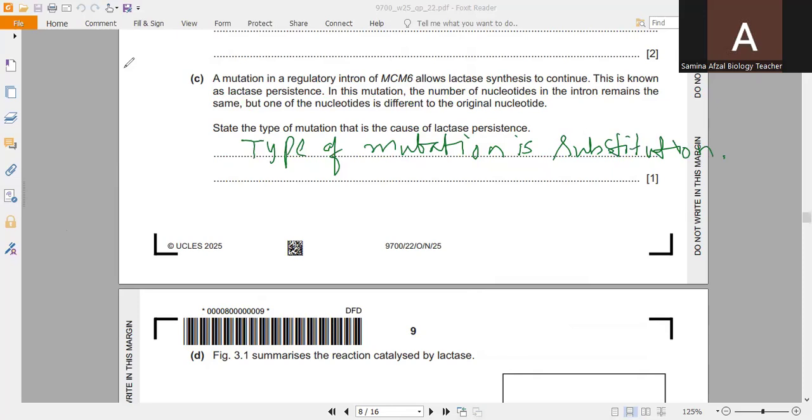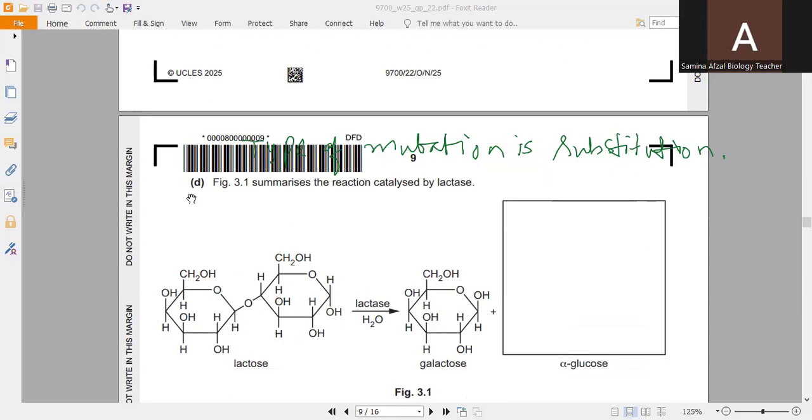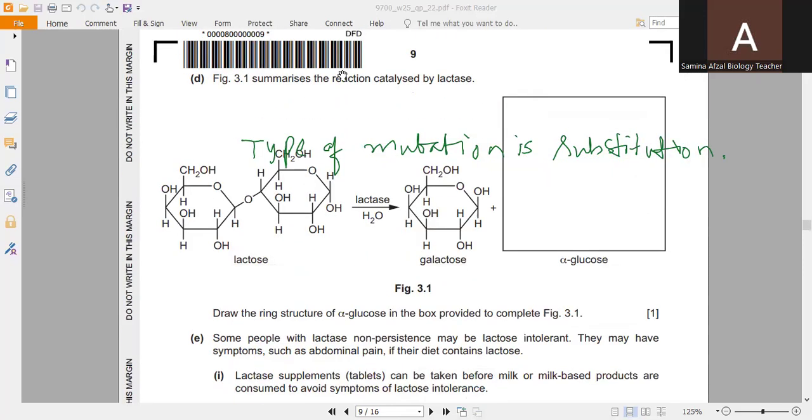Okay, now moving towards the next part of this question. Figure 3.1 summarizes the reaction catalyzed by lactase.